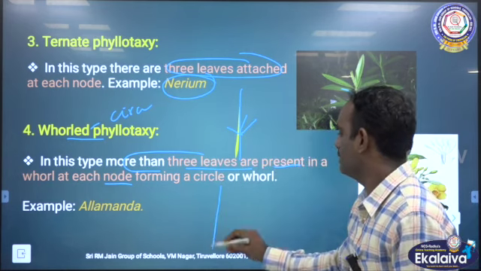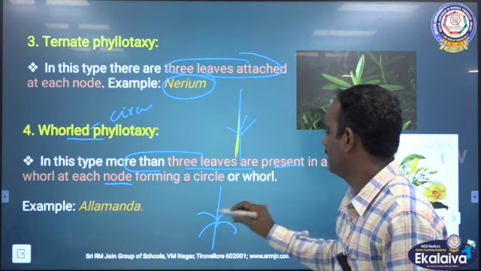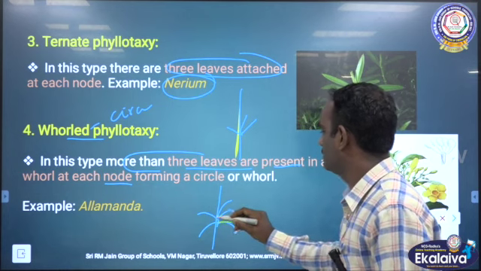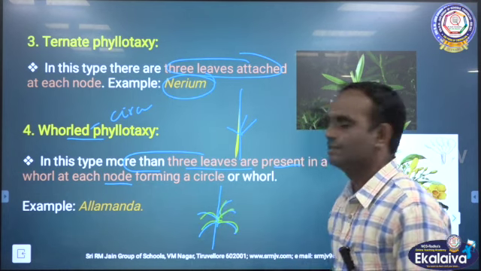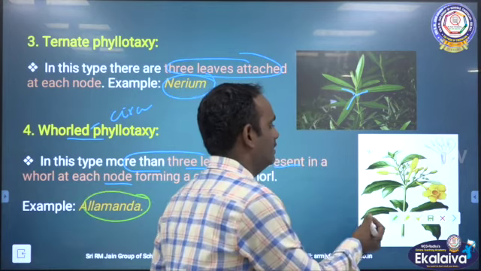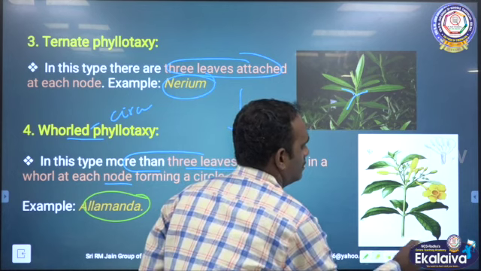Okay. See here, this is the node. The leaves arise at a single node. Example is alamanda. See the picture here. This is the node, children.